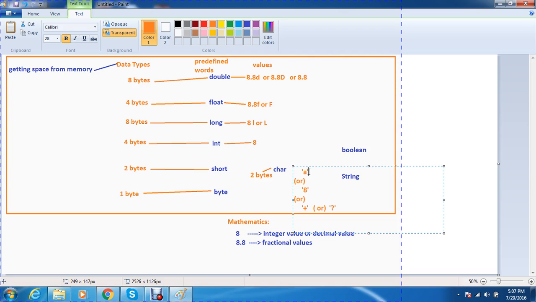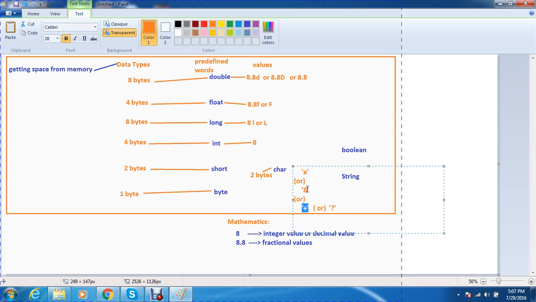Any single character or single alphabet within single quotation marks is called a char value. Here you can take uppercase alphabets also. Otherwise, any single digit within single quotation marks is called a char value. Any operator or special symbol or special character within single quotation marks is called a char value only.